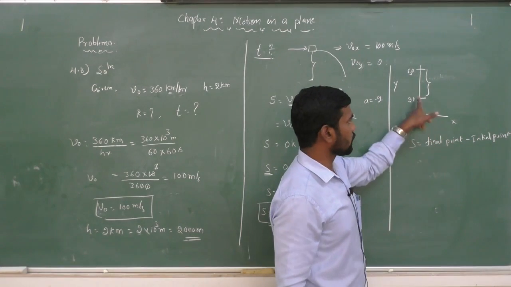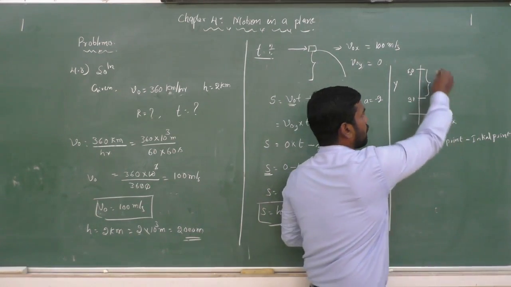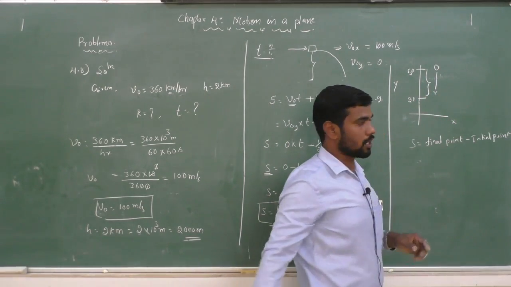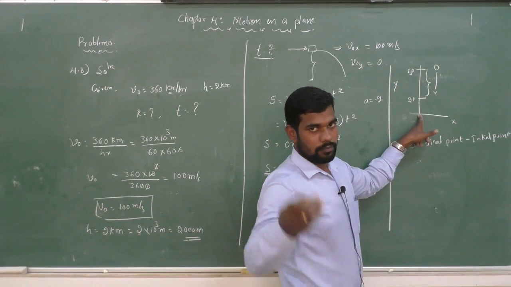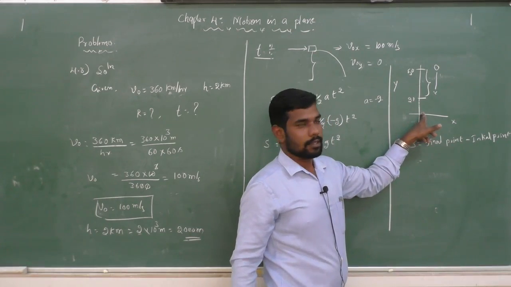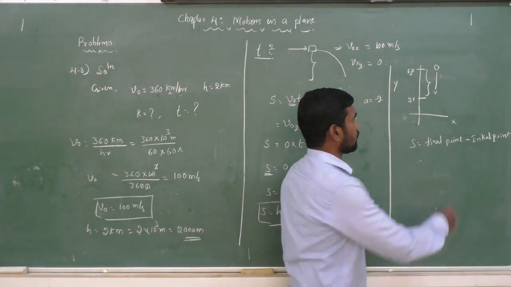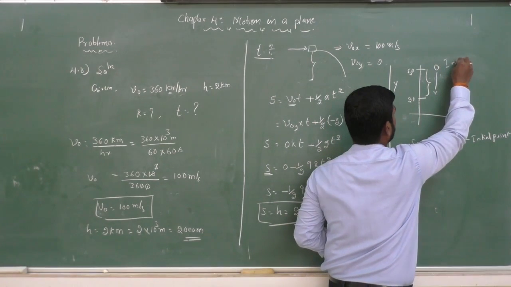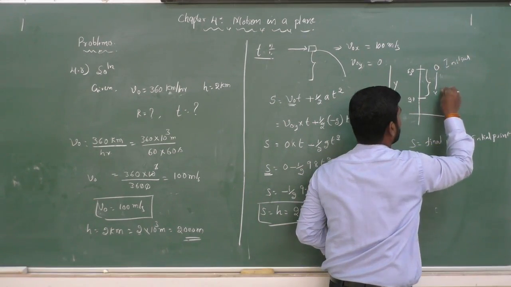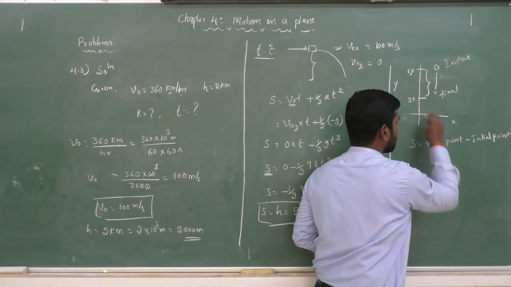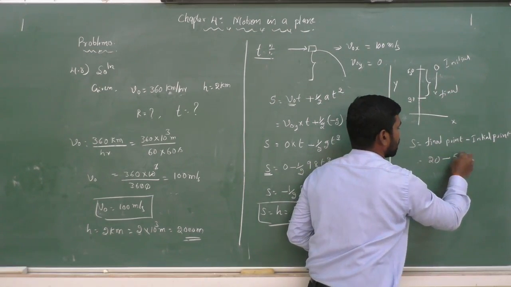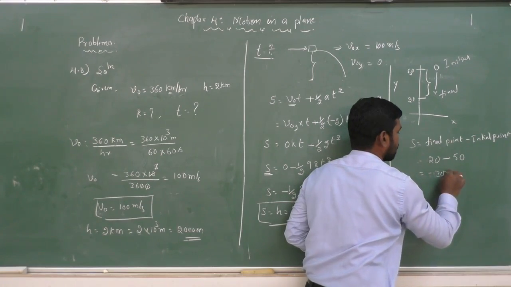What is the final point here? In this case, the object is moving from 50 to 20 position. Position we always find from the origin, right? So the initial position is 50 and the final position is 20. Final minus initial, 20 minus 50, is minus 30 meter.